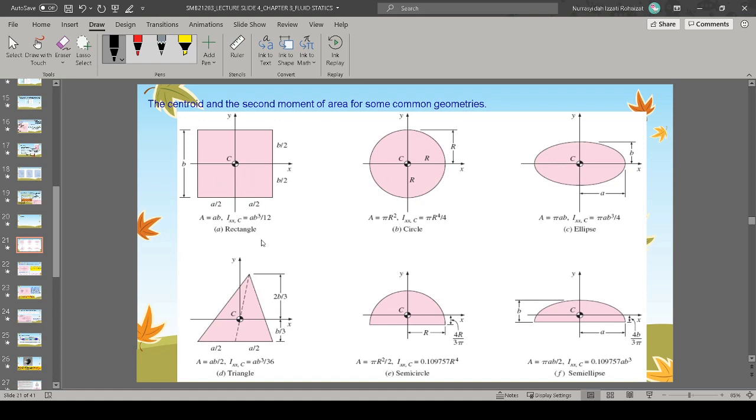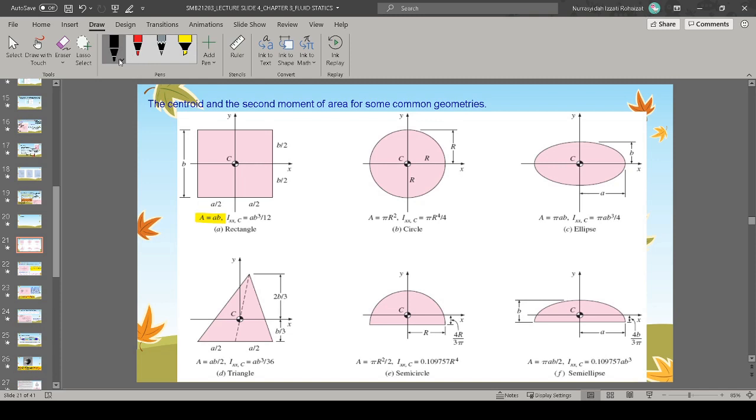So this is the formula for I. If your surface submerged underwater is a square, your area we will calculate as A times B. A is the total length, right?